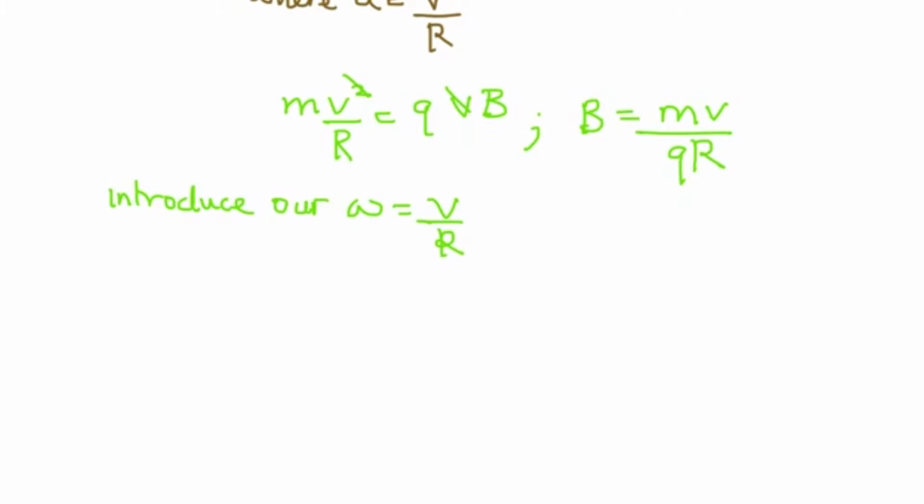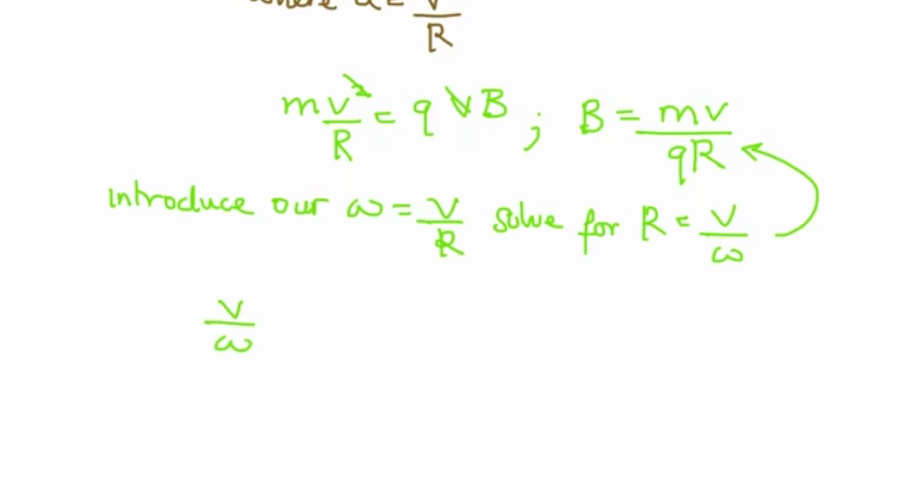So to solve for the radius, the radius is the velocity divided by the angular frequency. We substitute that in here and determine our expression in terms of the angular frequency.